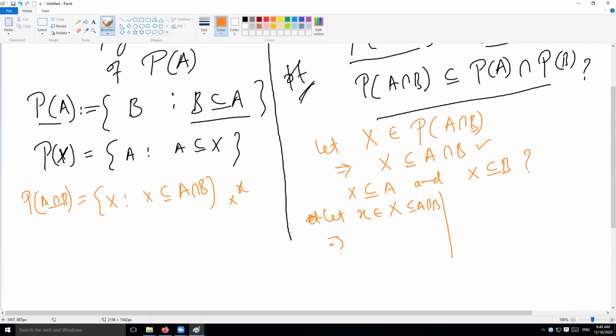So this means that this x must be in A intersection B. But if x is in A intersection B, this means that x must be in A and x must be in B. But I just want x to belong to A. So I picked an element, and x belongs to B. What law am I going to apply to deduce that x belongs to A?